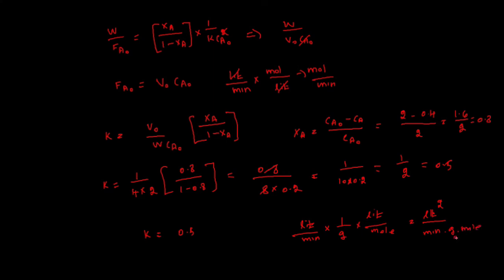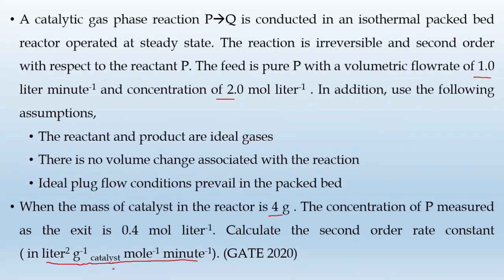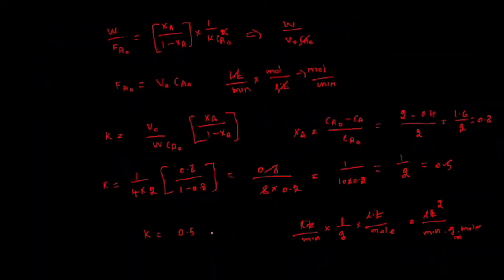This is the gram of the catalyst. The question asks for liter power 2, gram power minus 1, moles power minus 1, minute power minus 1. Therefore, you have successfully calculated value of K, that is 0.5 liter power 2 gram catalyst minus 1 mole minus 1 minute minus 1.